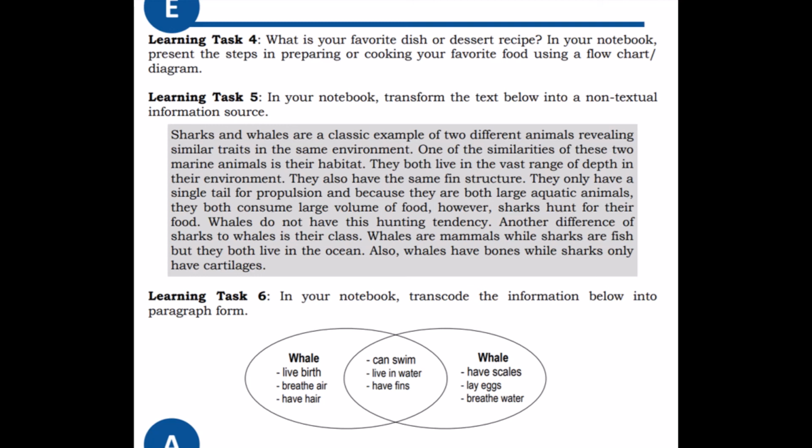And another correction, under the whale, kindly please remove have hair. Again, there are corrections. First circle, whale, live birth, breathe air. Second circle, pawikan or sea turtle, have scales, lay eggs, breathe air.